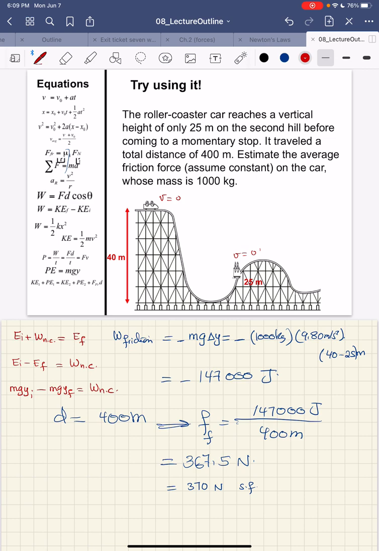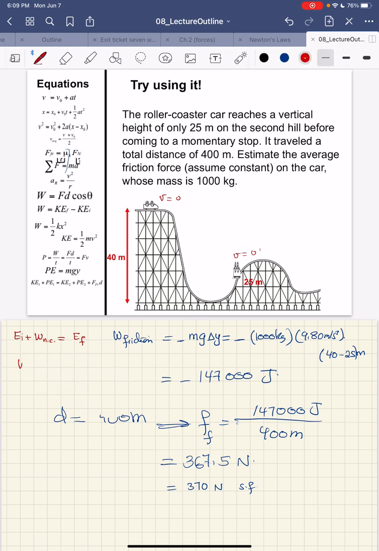And I will be able to calculate what is really the work done by non-conservative. I did a mistake here with the minus. Yeah, I was looking at it and I want to find it. Okay.